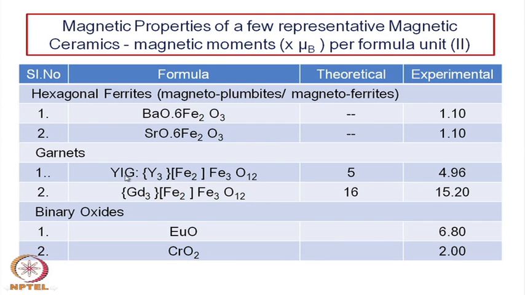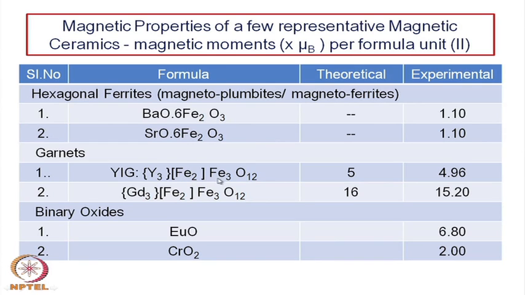Garnet structure, as we have earlier discussed, has three different sites. One is the dodecahedral site, this is the octahedral site and this is the tetrahedral site. So, there is a distribution of the different ions, both iron as well as yttrium.